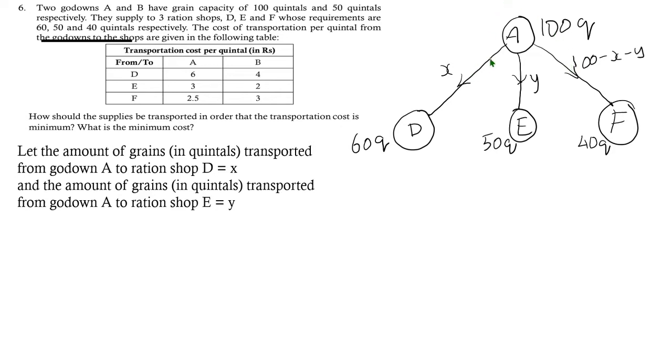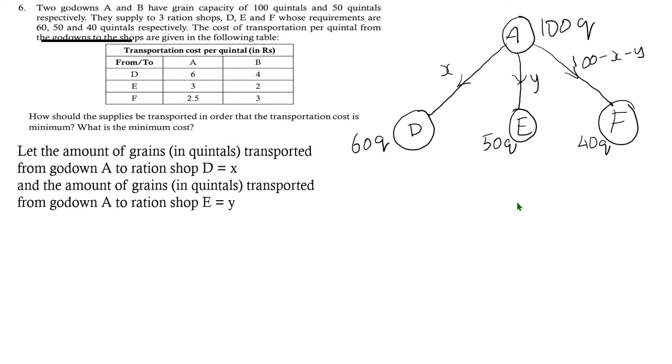We have assumed that from A, X quintals is transported to D, and from A, Y quintals is transported to E. The total capacity of A is only 100 quintals. So the remaining quintals, that is 100 minus X minus Y, will be transported to F. So this is how we have the amount transported from A to F is 100 minus X minus Y.